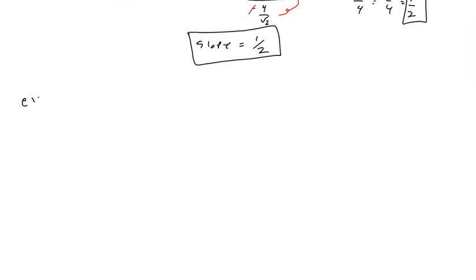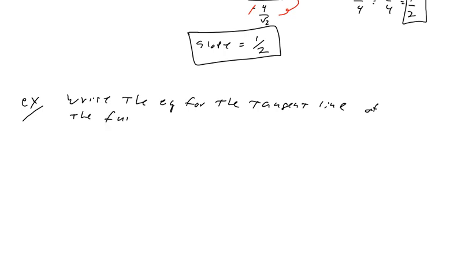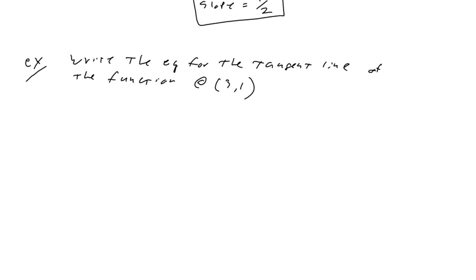Another example. In this example, we're going to write an equation. Write the equation for the tangent line of the function at the point (3, 1).